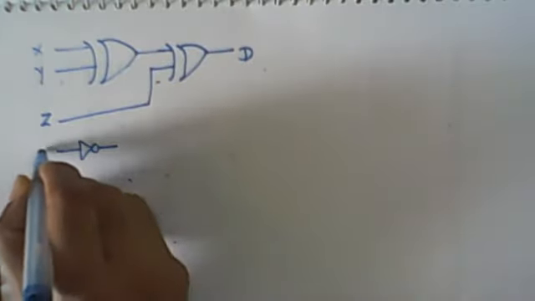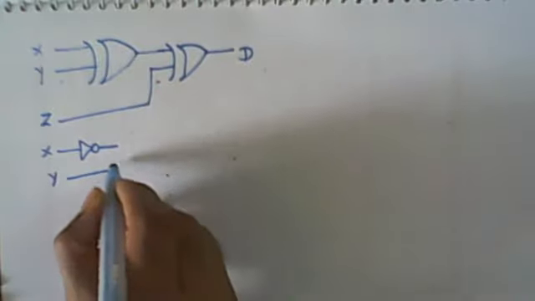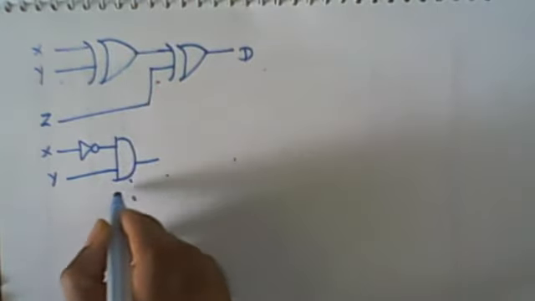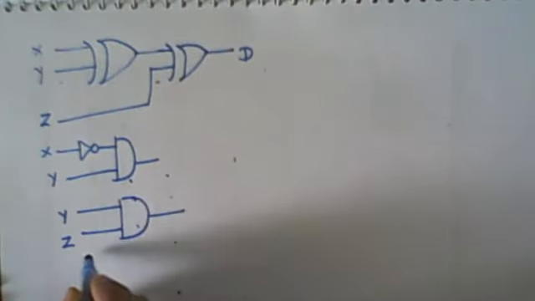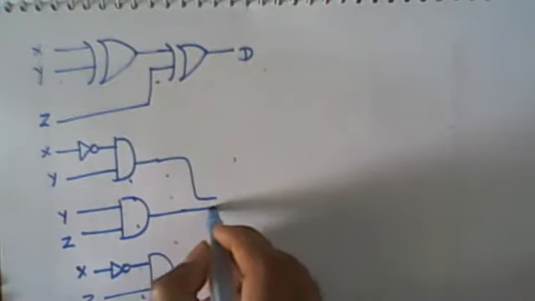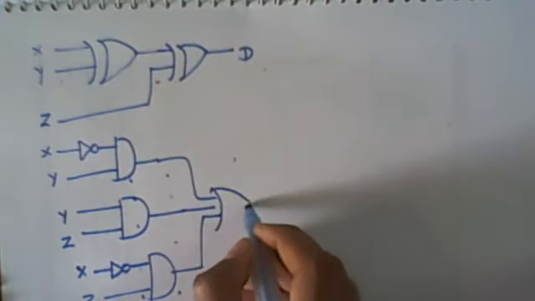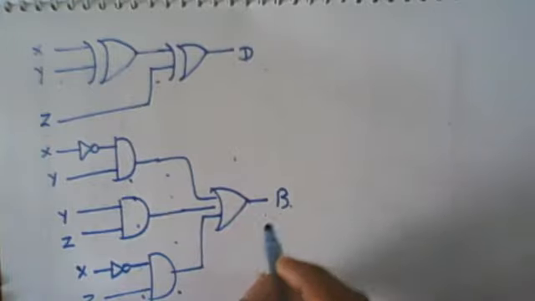And for the borrow bit, here it is x bar and y ANDing, y and z ANDing, and x bar and z ANDing. This is the borrow bit.